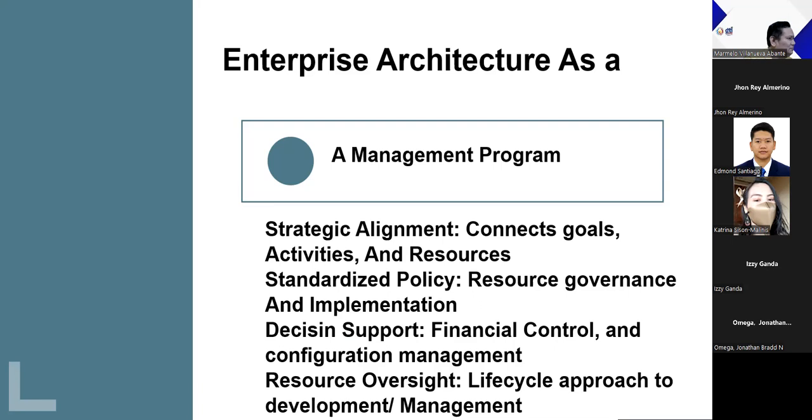Enterprise architecture as a management program consists of, namely, the strategic alignment that connects goals, activities, and resources, the standardized policy for resource governance and implementation, decision support, financial control and configuration management, resource oversight, and a life cycle approach to development management.